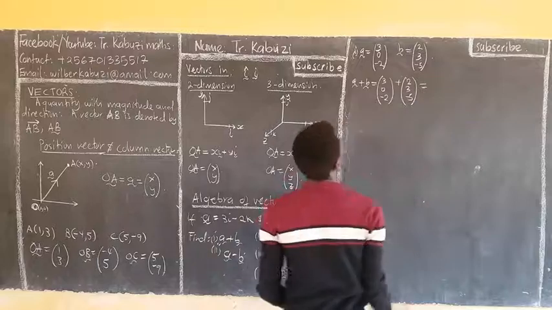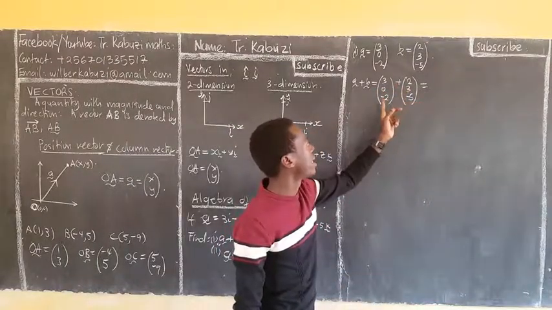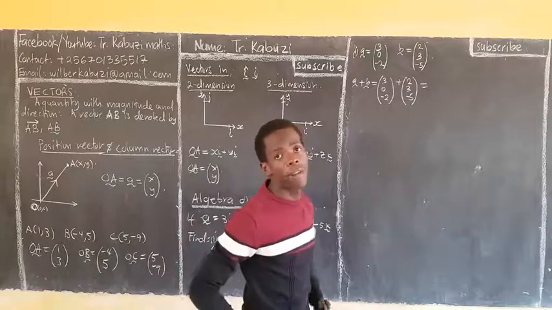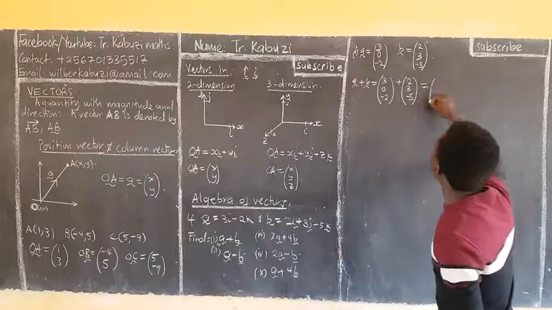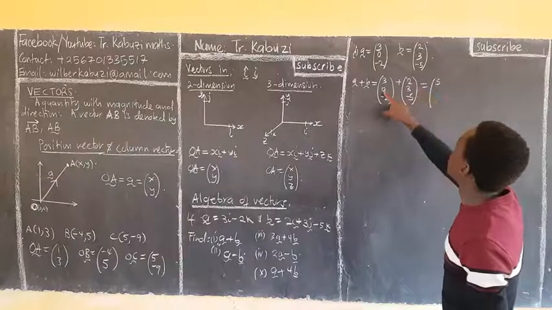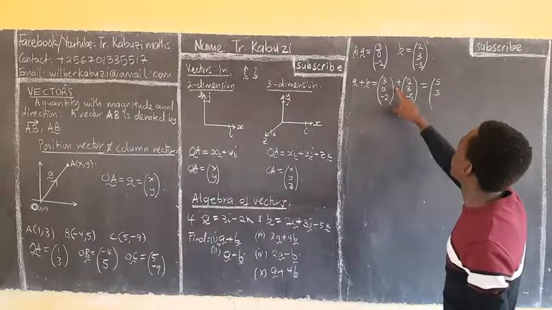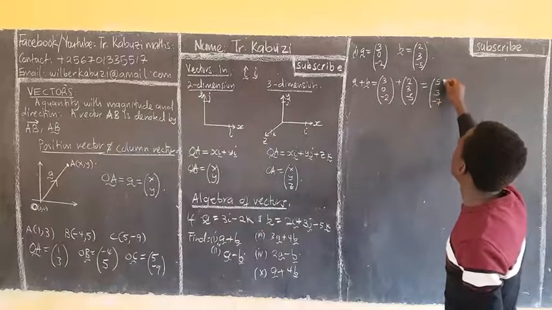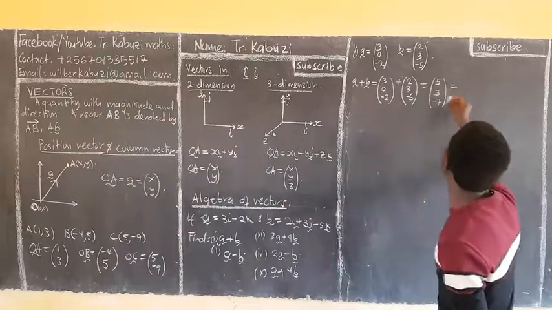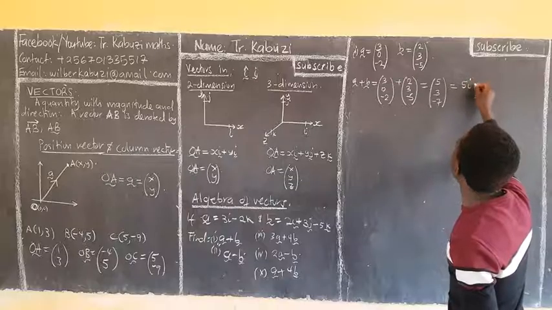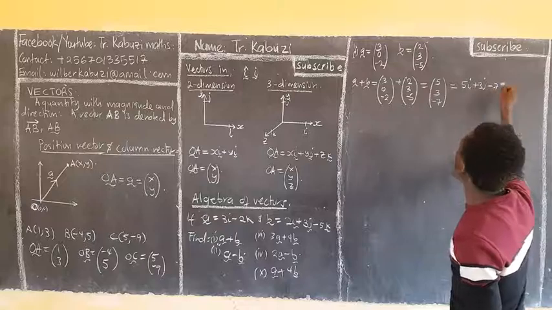Now to add vectors, you just add the x with the x, the y with the y, the z with the z coordinate, like that. So 3 plus 2, I'll be having 5, then 0 plus 3, I'll be having 3, then negative 2 plus negative 5, I'll be having negative 7, which you can give in the ijk notation as 5i plus 3j minus 7k.